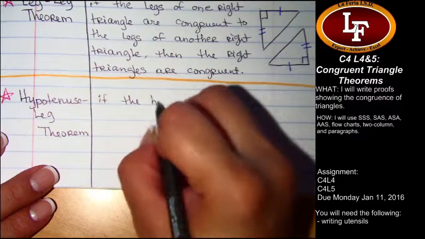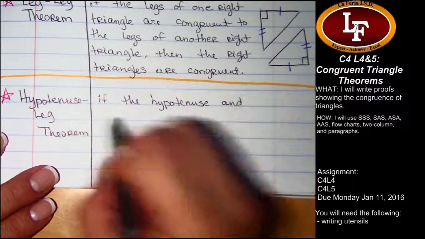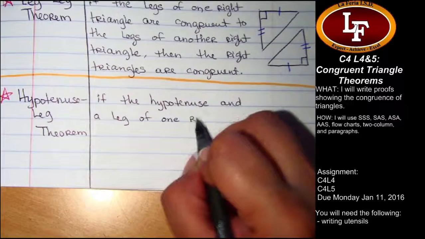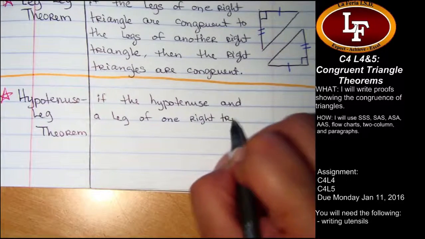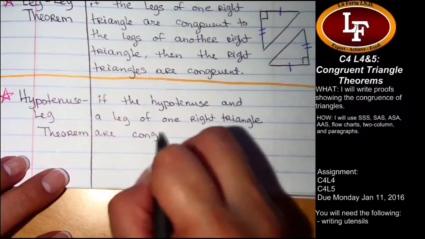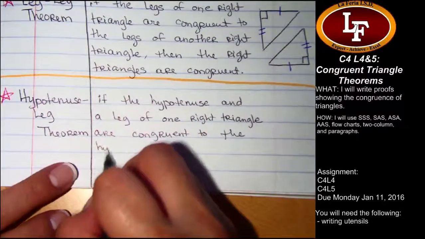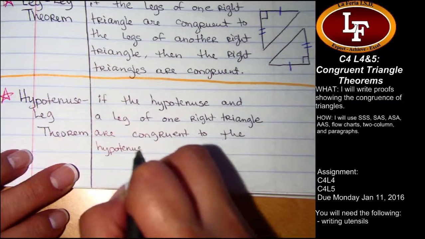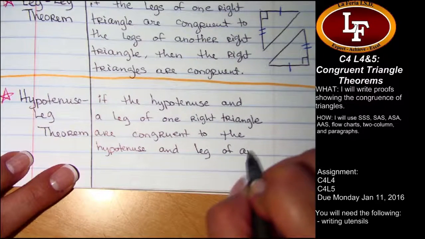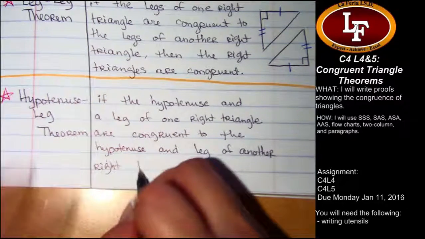If the hypotenuse and a leg of one right triangle are congruent to the hypotenuse and leg of another right triangle.